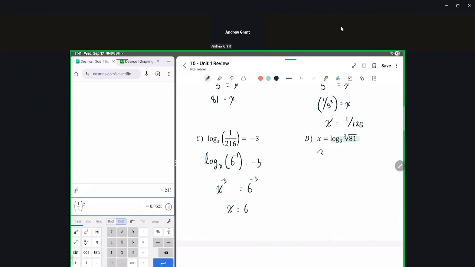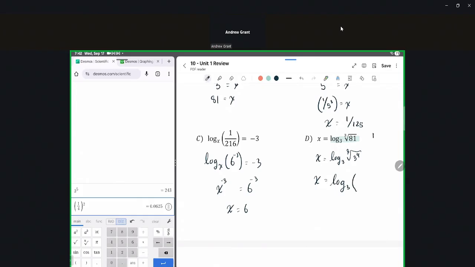Okay. And so, oh, sorry, sneezed. x is equal to, now the cubed root of 81, 81 we know is 3 to the power of 4. So this will be log base 3 of the cubed root of 3 to the power of 4.